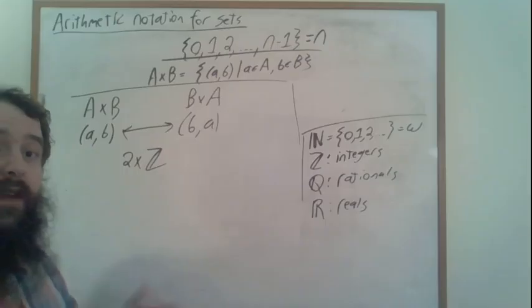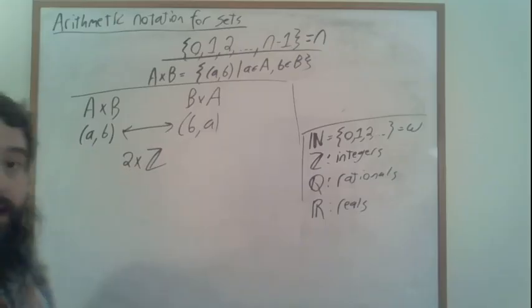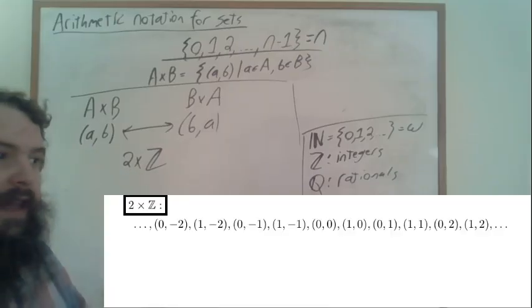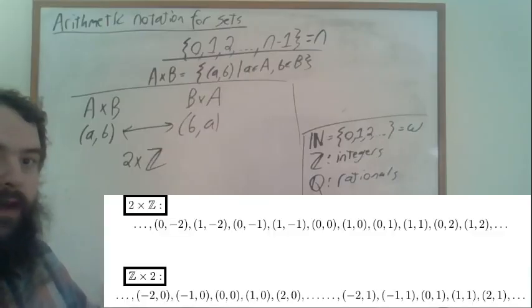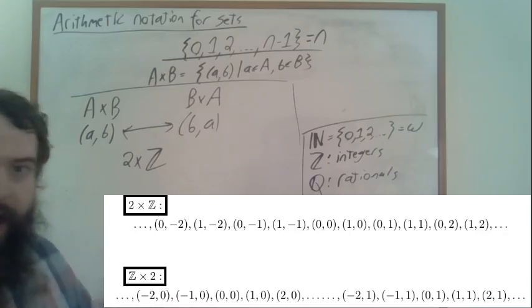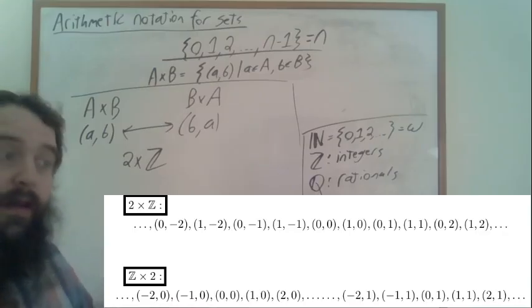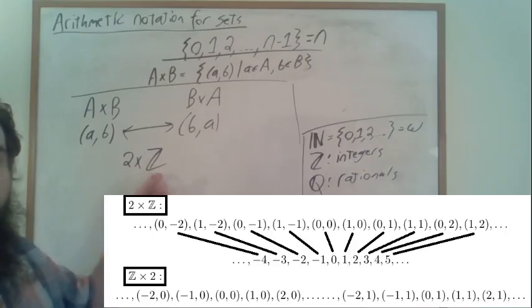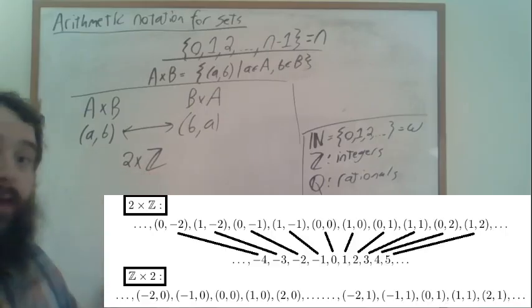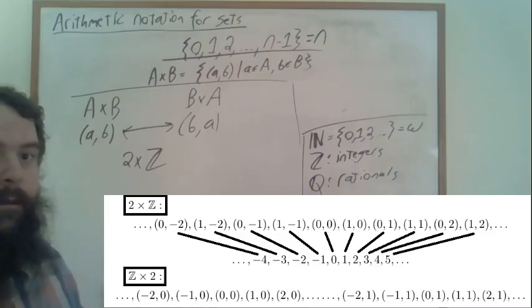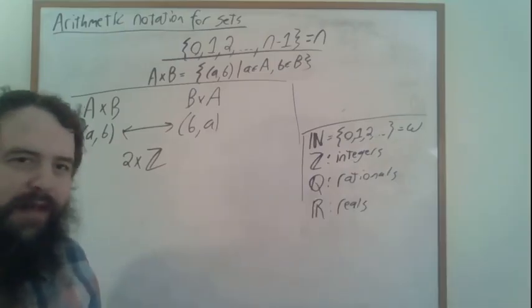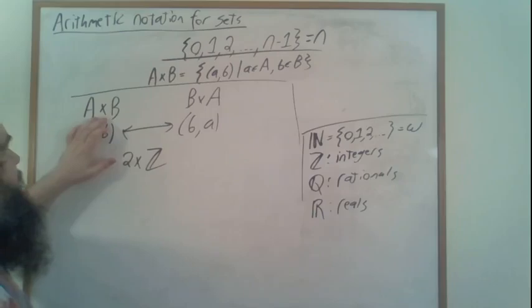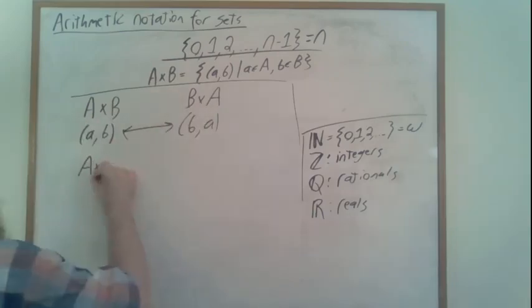For instance, the ordering on 2 cross Z looks something like this, and it's actually not the same ordering as the ordering on Z cross 2. You can't even pair up the elements. What you can do is pair up the elements of 2 cross Z with Z itself, and those two orderings are the same. So just as with the rest of mathematics, sometimes the order that you multiply things in matters and sometimes it doesn't.